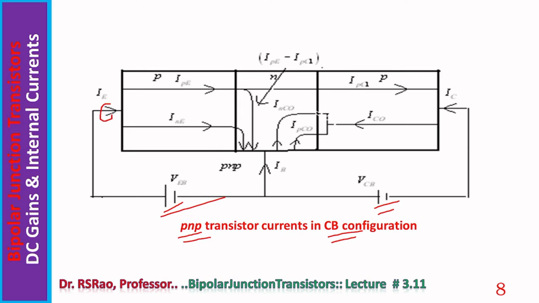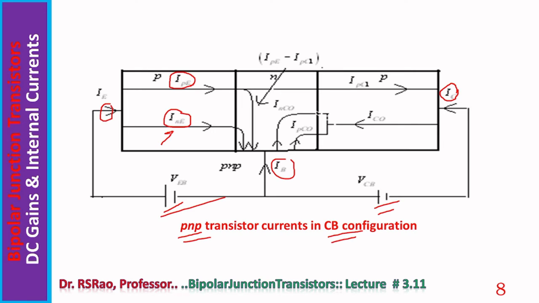Now, IE is the emitter current, IB is the base current, IC is the collector current. These are terminal currents outside the transistor. This IE has two components inside. One is the hole current IPE, another is the electron current INE.